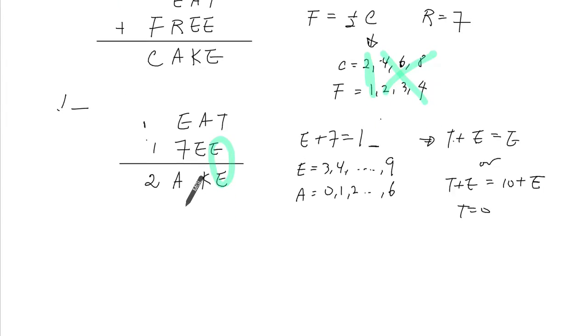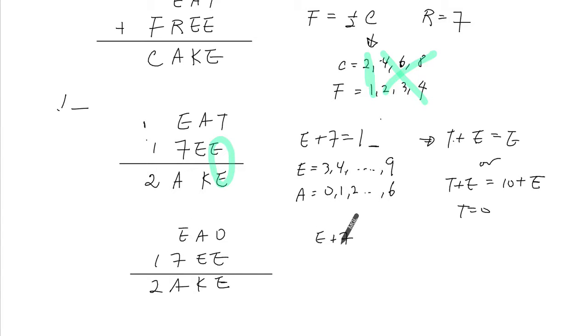So let's transfer that over. EA0, 1, 7, EE, right? 2AKE. Okay, so now we're almost there. Okay, we're 70% there. So we have E plus 7 is equal to 10 plus A. That's what we have.